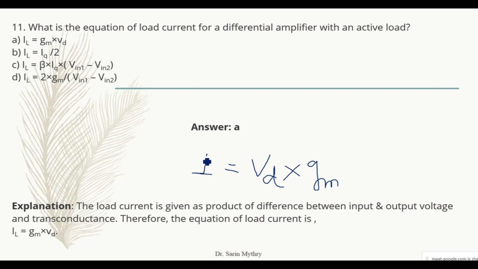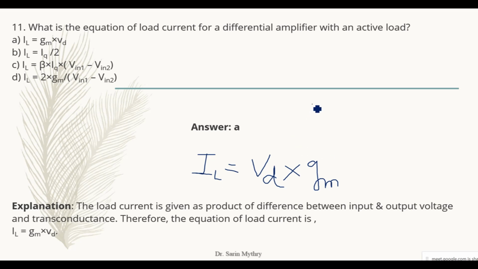If you want to remember this one, we have studied one circuit in the previous lectures. This formula is nothing else but a voltage to current converter. Why is it a voltage to current converter?